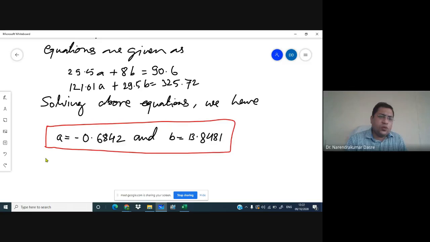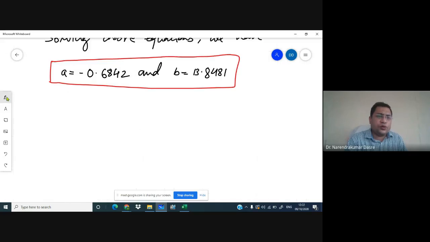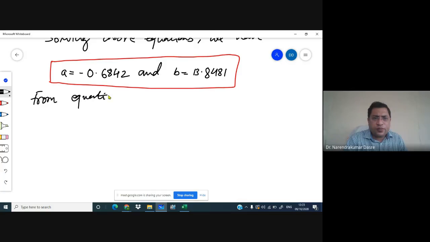Okay, and now once you get these values, what you have to do is write the equation of the straight line that we want to fit. So from equation 1 we have, what do we have?